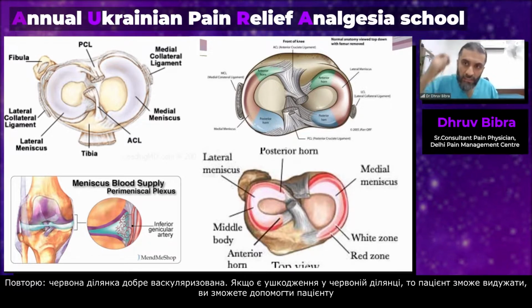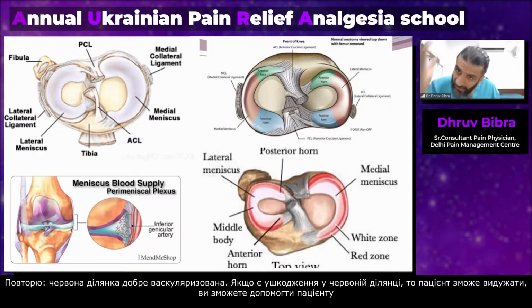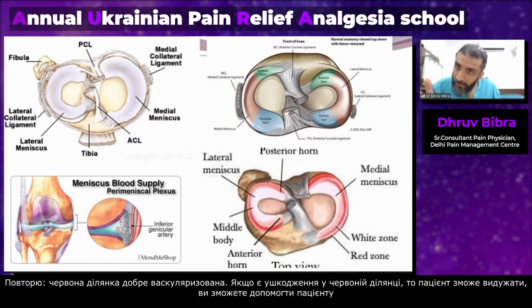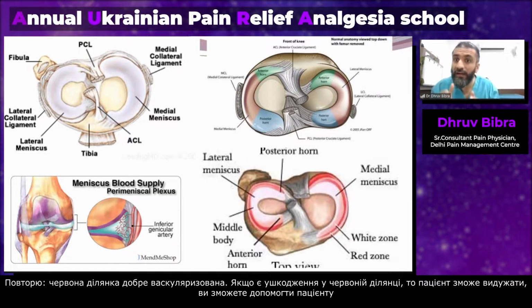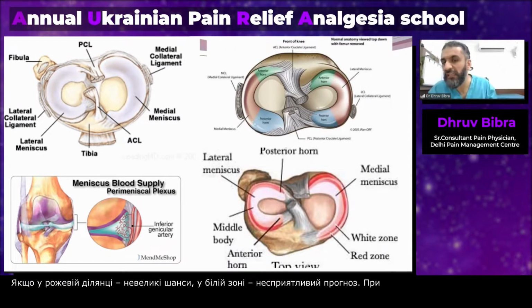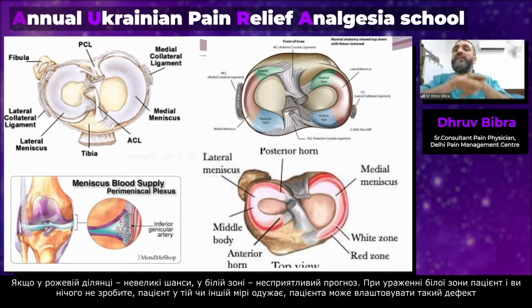So if there is any sort of a tear in the red zone, then your patient will recover and you will be able to help the patient. If it is in the pink zone, it may or may not recover. In the white zone, it is not going to recover.